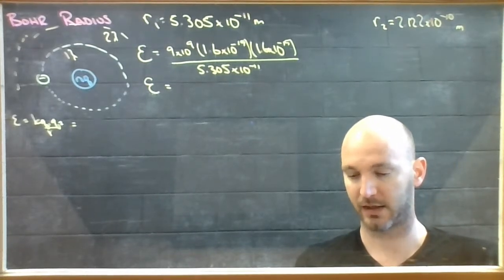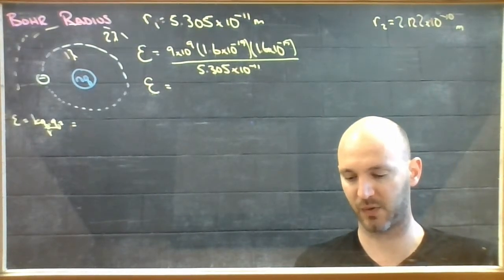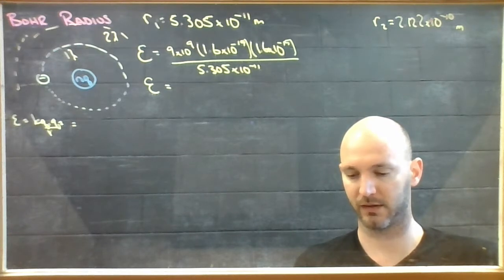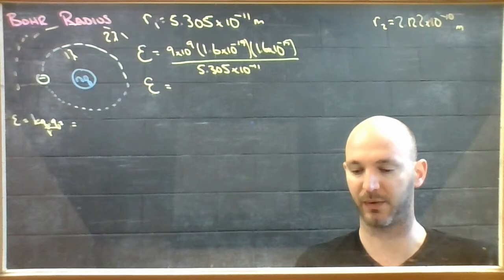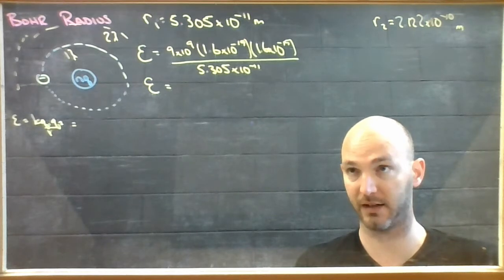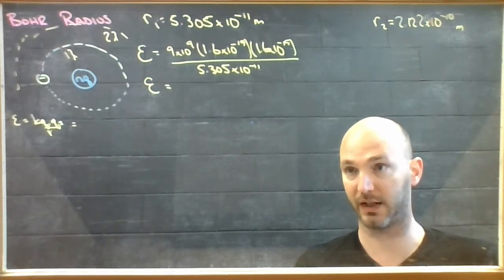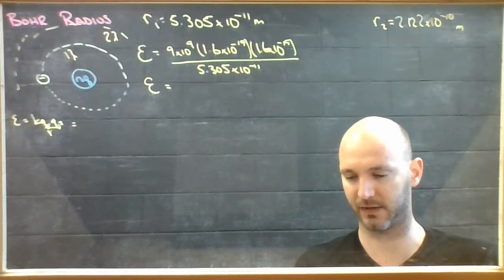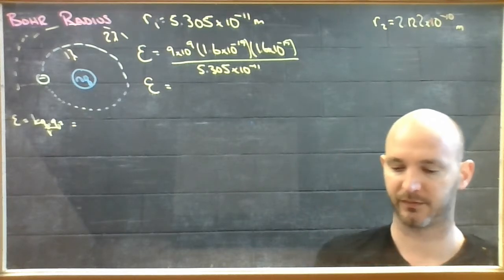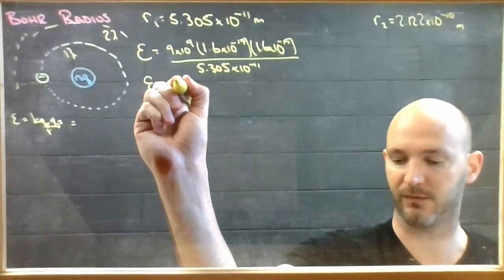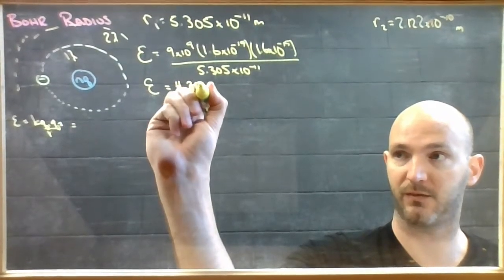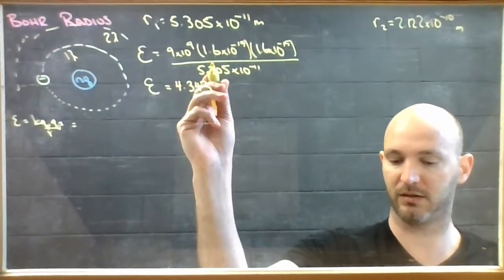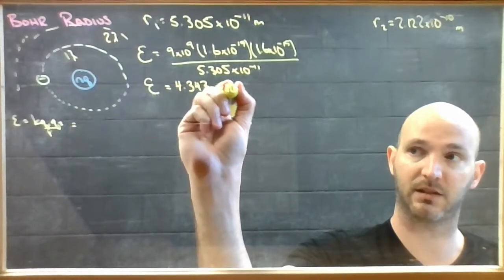9 times 10 to the 9 times 1.6 times 10 to the negative 19 squared gives me 2.304 times 10 to the negative 28, divided by 5.305 times 10 to the negative 11. So that's 4.343 times 10 to the negative 18.